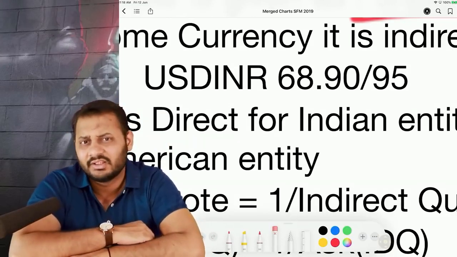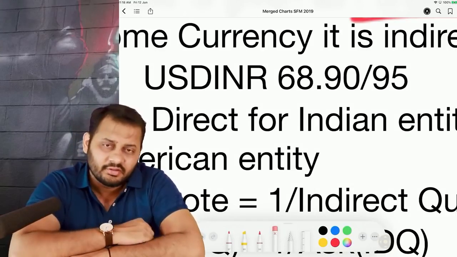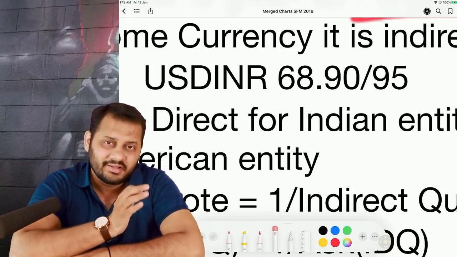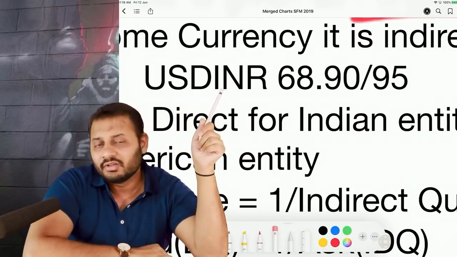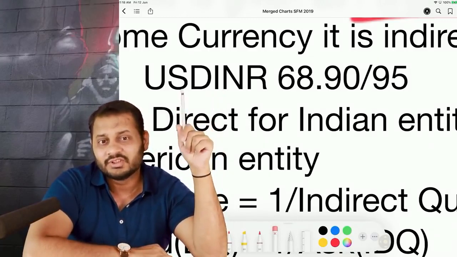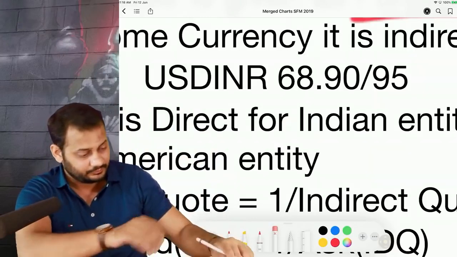How come this is a direct quote when I have not told you that your home country is India or that your home country is America? If your home country is India, this is a direct quote for you because INR is your home currency. This is your price currency.